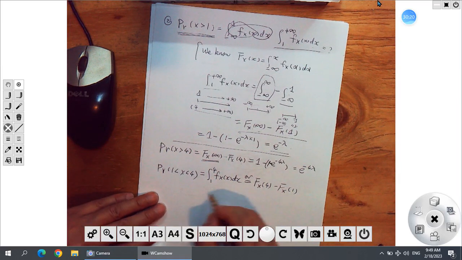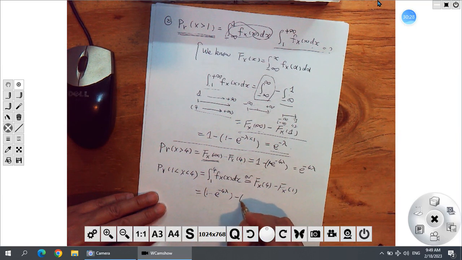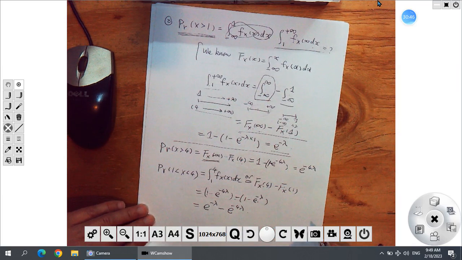This one is 1 minus e to the negative 4 lambda, and the second is 1 minus e to the negative lambda. The 1s cancel, and putting the positive in front, I have e to the negative lambda minus e to the negative 4 lambda. So we have the probability of this one.